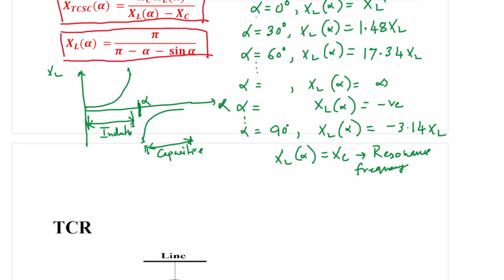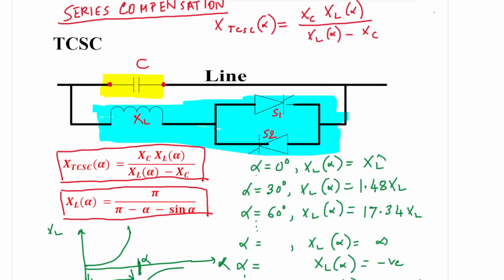Resonance angle, for which XL alpha equals XC, which has a same value. But XL now still keeps increasing. So at some point it will come when XL and XC become equal and opposite. So this is called the resonance.